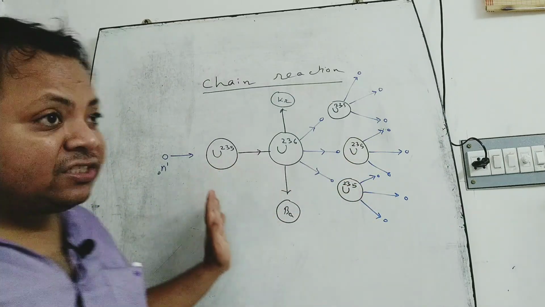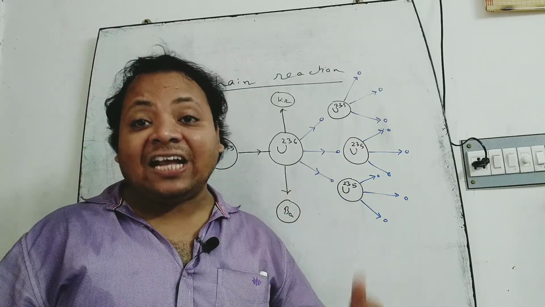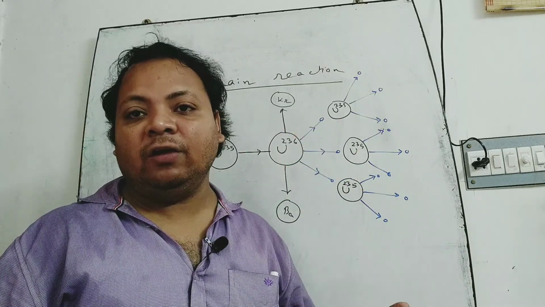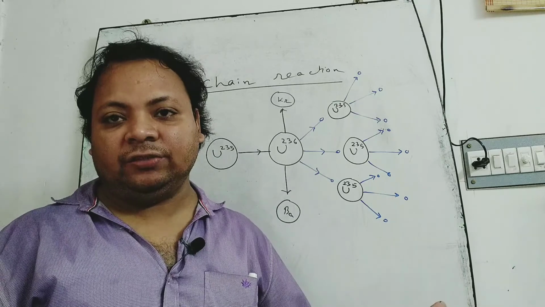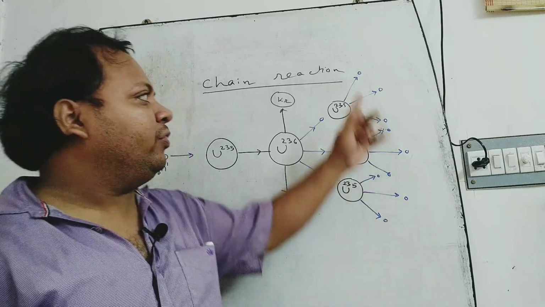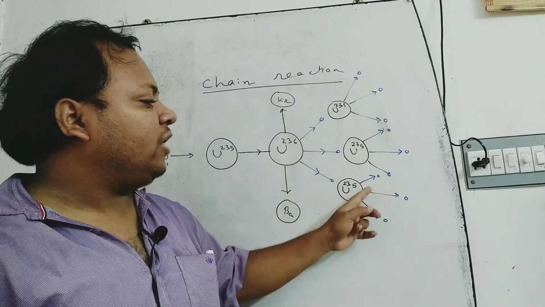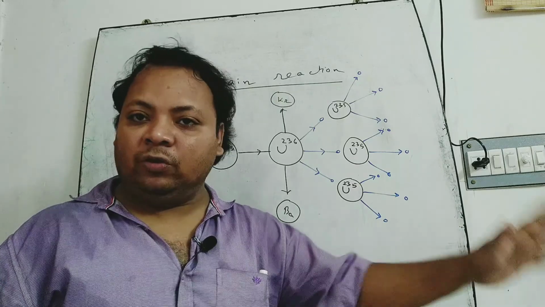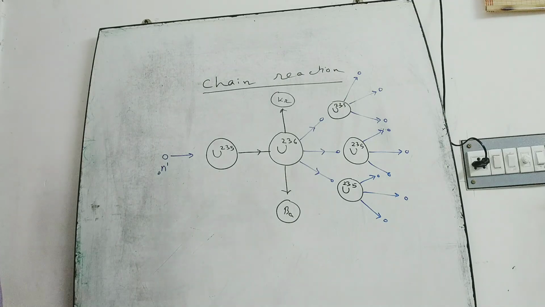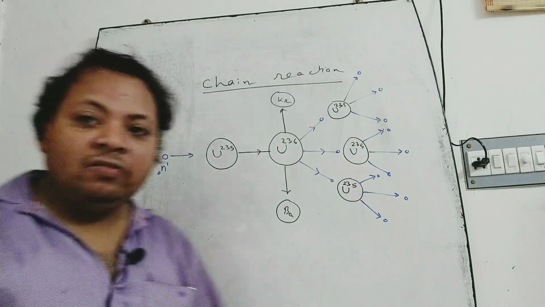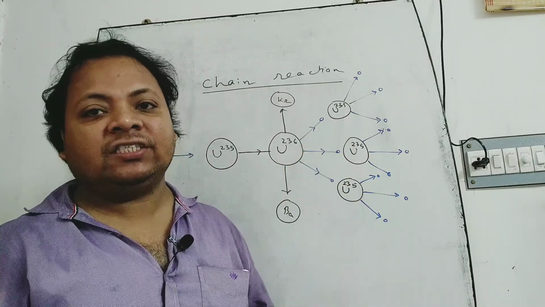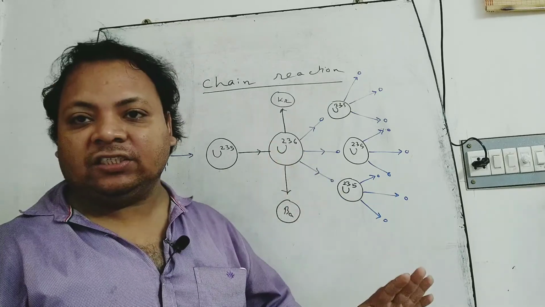That's why the rate of reaction accelerates, and the rate of production of neutrons is accelerated. This reaction is known as chain reaction, and in this way, we get huge energy.